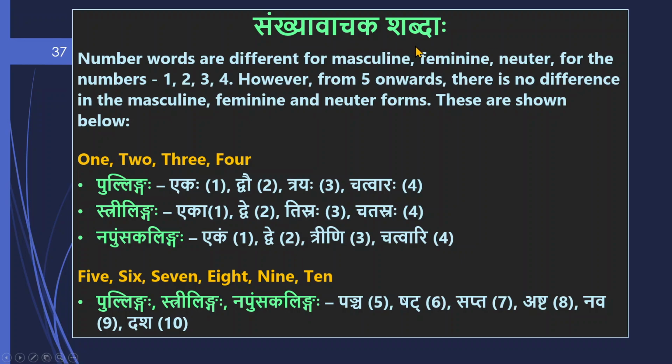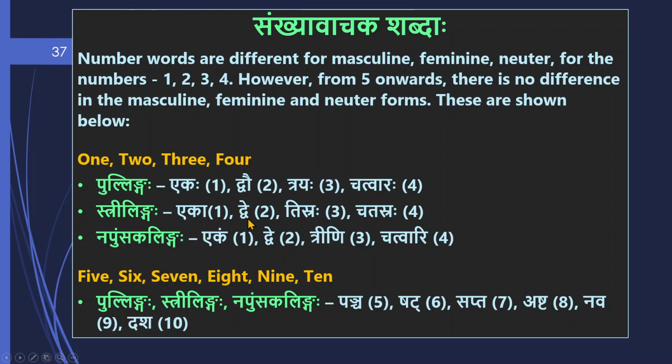Sankhyavachaka shabdaha is the next topic. Number words are different for masculine, feminine and neuter for the numbers 1, 2, 3, 4. However, from 5 onwards, there is no difference in the masculine, feminine and neuter forms. These are shown below. For 1, 2, 3, 4, Pullinga, masculine: ekaha, dvau, trayaha, chatvaraha.